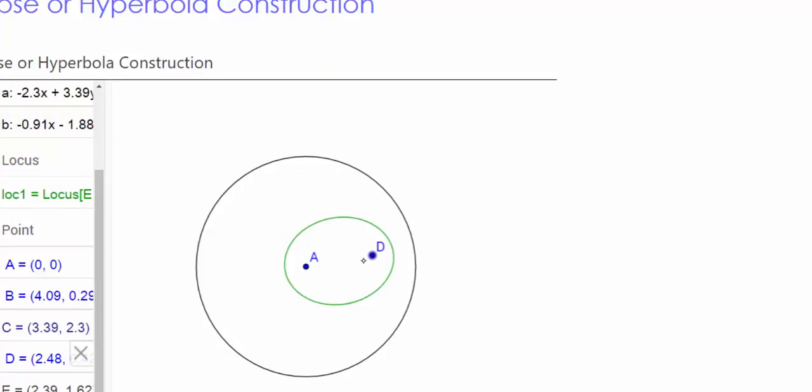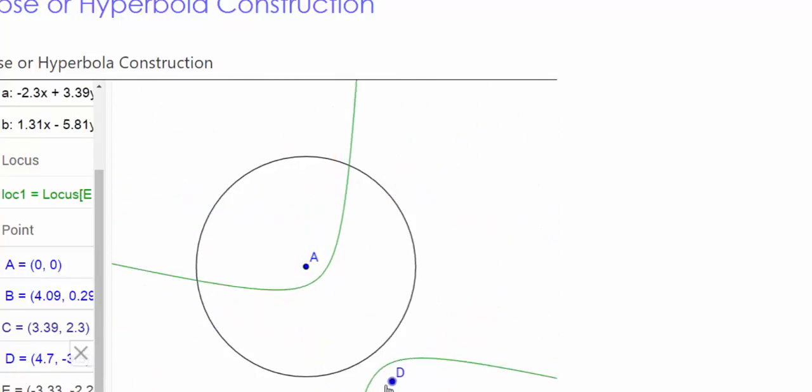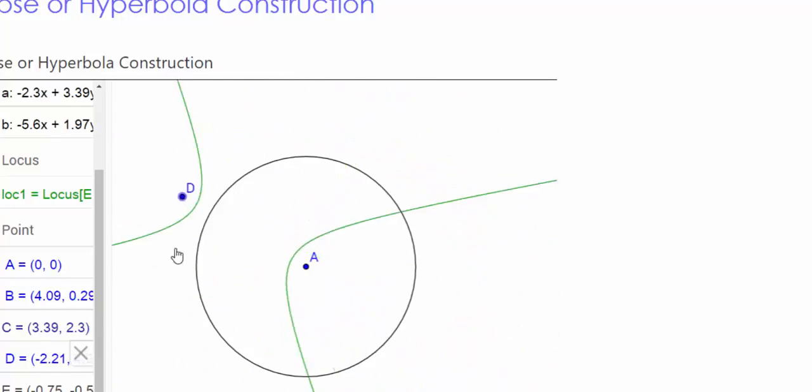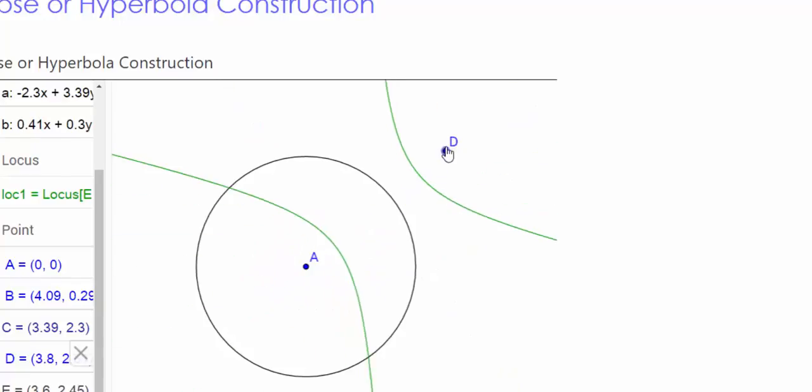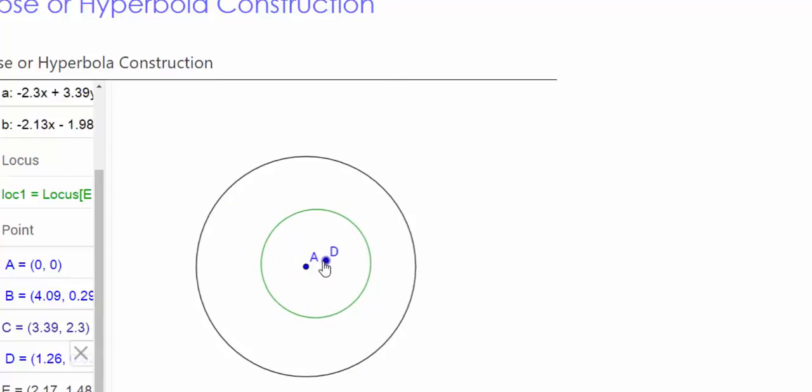When your focal point is inside the directrix circle, you have an ellipse. When your focal point goes outside the directrix circle, you have a hyperbola. If the focal point is at the center, you have a circle.